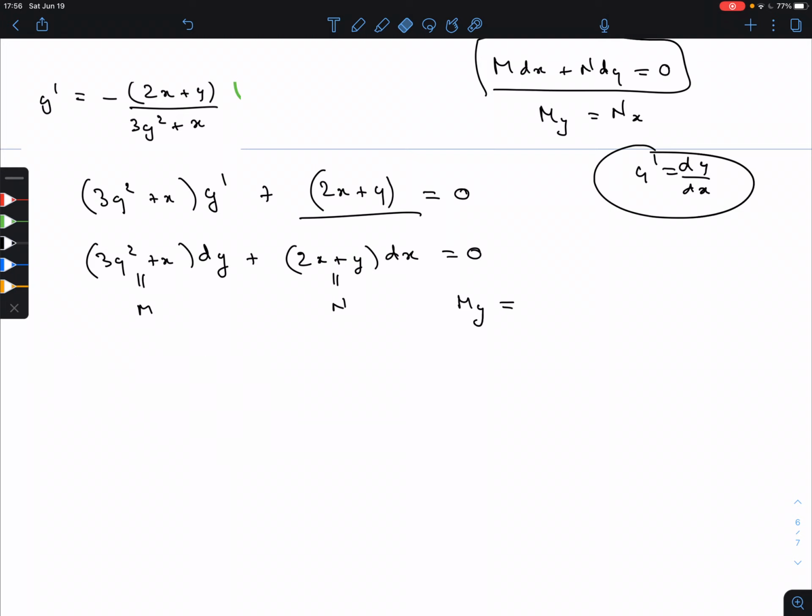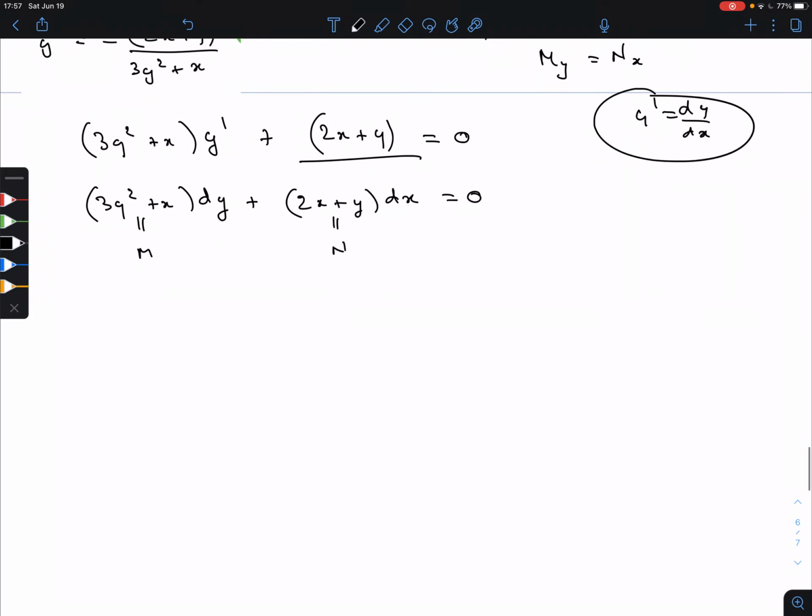It's just that I called this M and then N, and I don't know why the book writes it in this order. This is the more natural order if you work with these things. So I called this M, but it is actually the N, and I called this N, but it's actually the M. But that should not really matter. What you have to do is check whether this is exact.